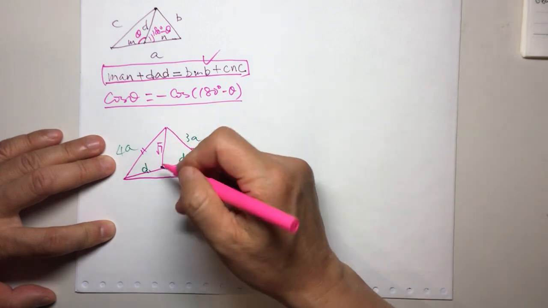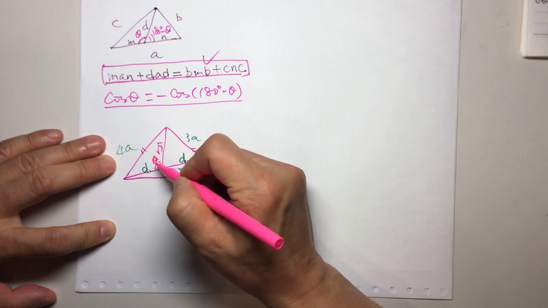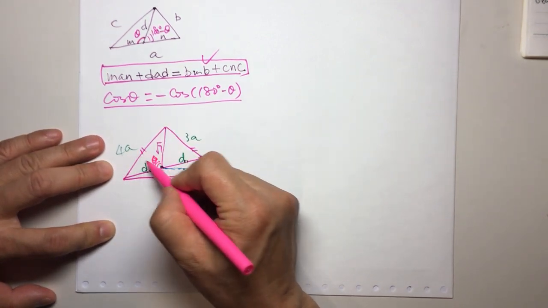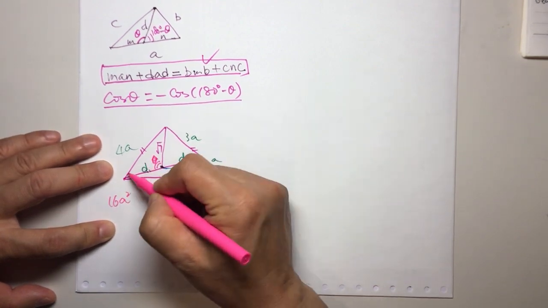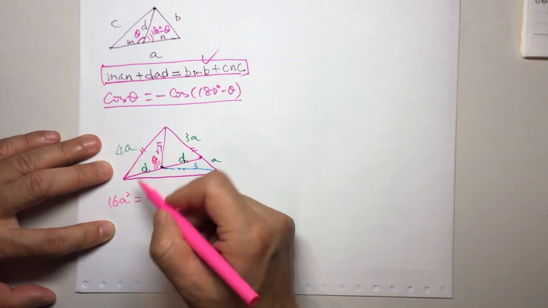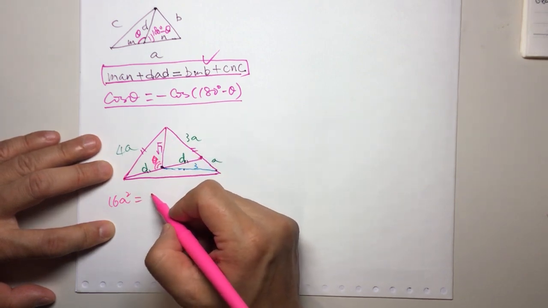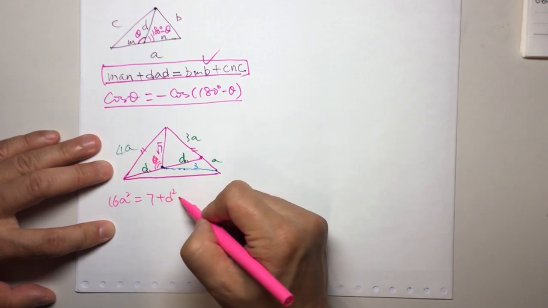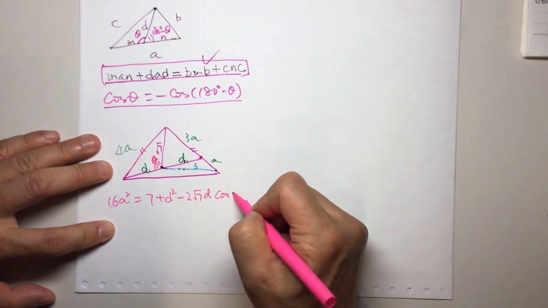Now we want to find the relationship between a and d, right? First, if I say this angle is theta, use the cosine law, we want to use this angle, right? 16a squared equals this square is 7, plus d squared minus 2 square root of 7 d cosine theta.